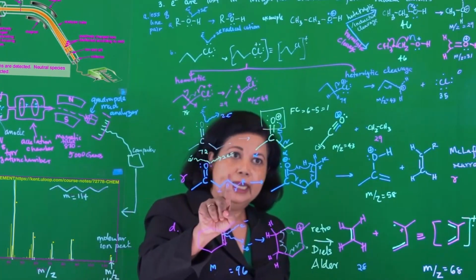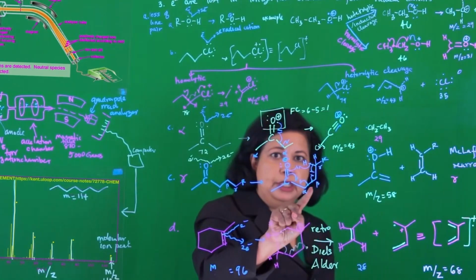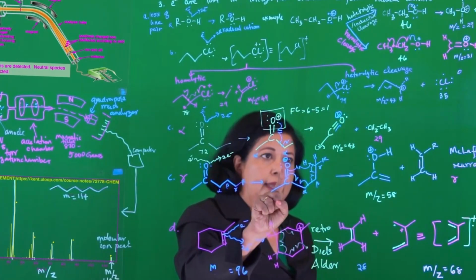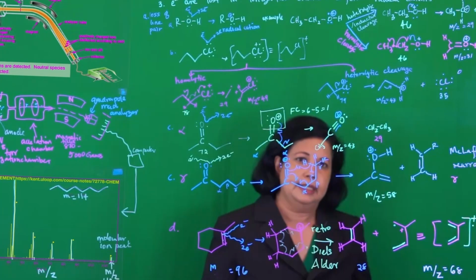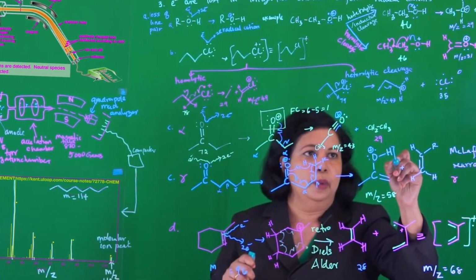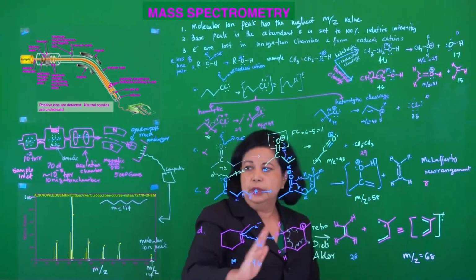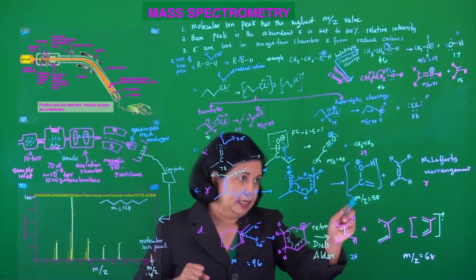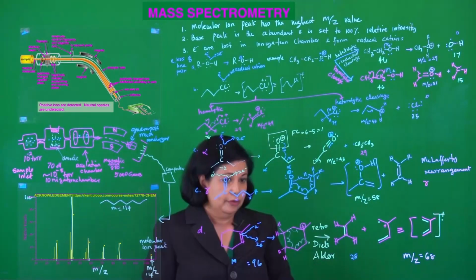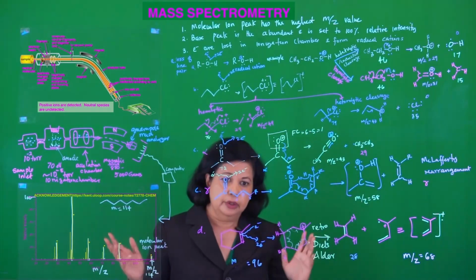You can also get a gamma cleavage by pulling off a hydrogen at the gamma position relative to this carbonyl and giving you an enol that is a radical cation. These are all very short-lived, and when they go through the machine at super high speeds, they hit the detector and you will get a peak exactly where that mass is. For each of the masses, you would get a peak if it is a radical cation or a cation.